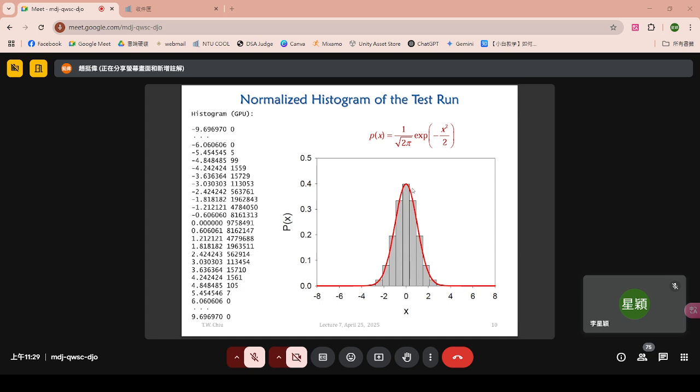You can see the center of the histogram coincides with the curve. So this is perfect.